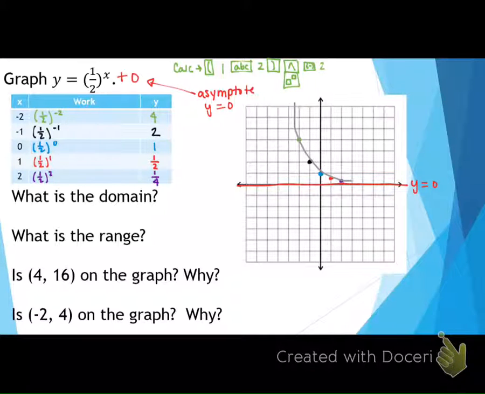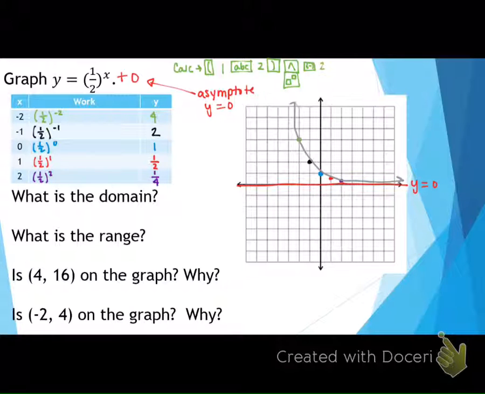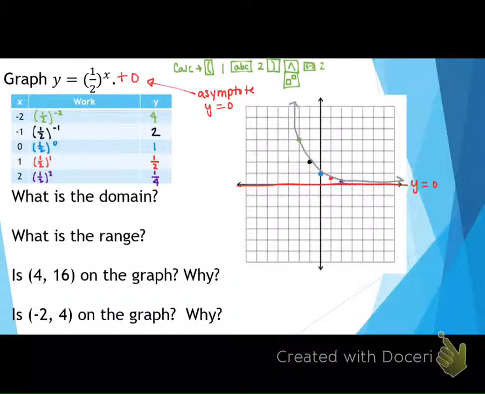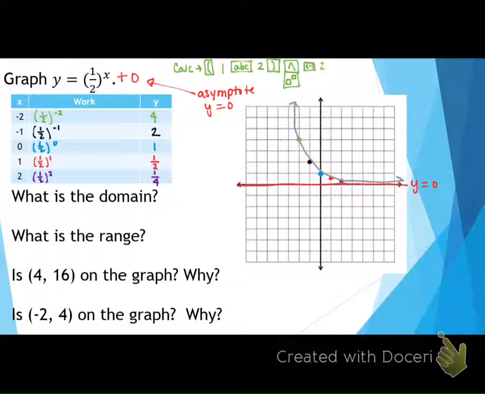And then that curve will go on forever. All right, so get your graphs plotted and connected and let me know if you have questions before we answer all of the other ones.